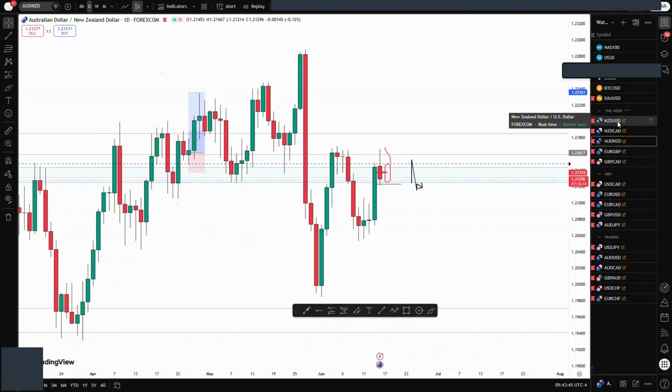Because this means that NZD is very volatile and has too much volume, you see? But we'll see. We'll see how price plays out.